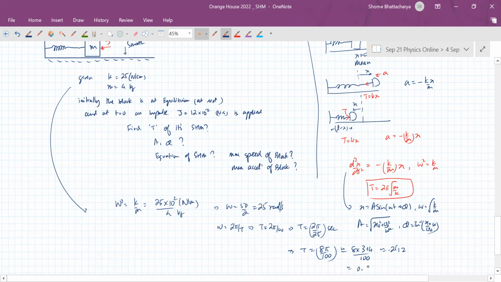So time period will be approximately 0.25 seconds. We have converted the units. Varun, as you can see, we have converted the units.